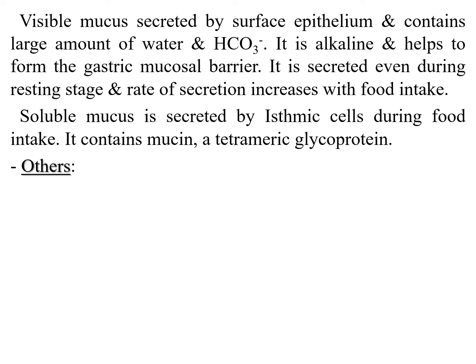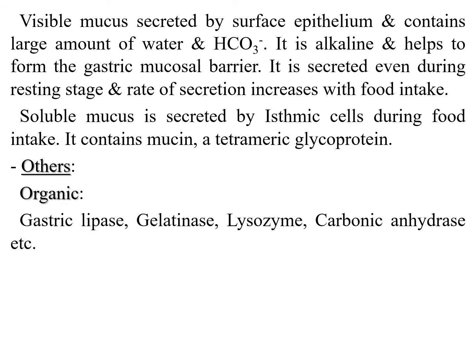The next constituents are the organic matters, mainly the enzymes like gastric lipase, gelatinase, lysozyme, and carbonic anhydrase. Among them, gastric lipase, as the name suggests, is involved in fat digestion, though it is not a very important enzyme as such.